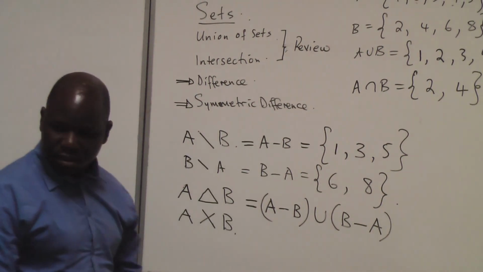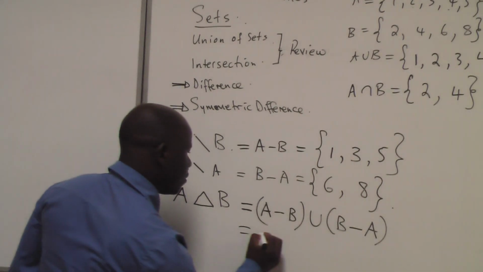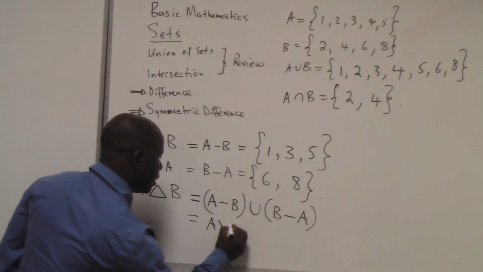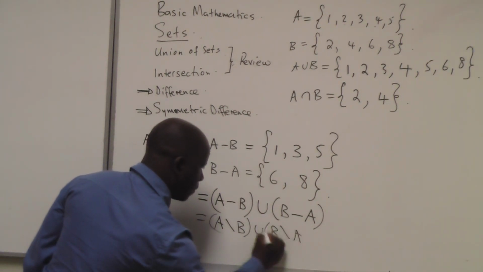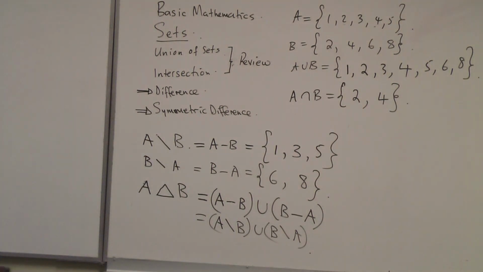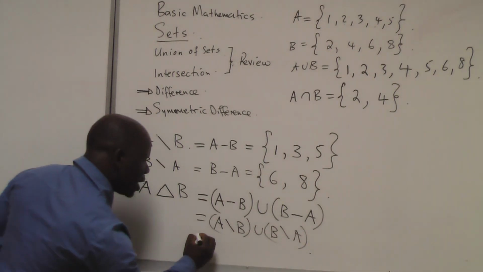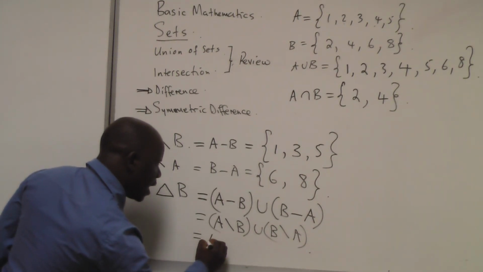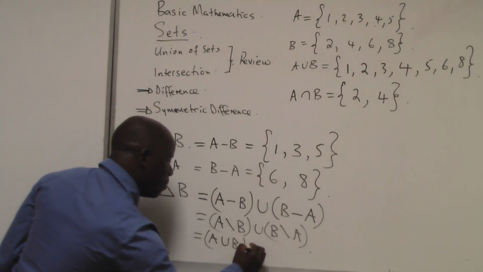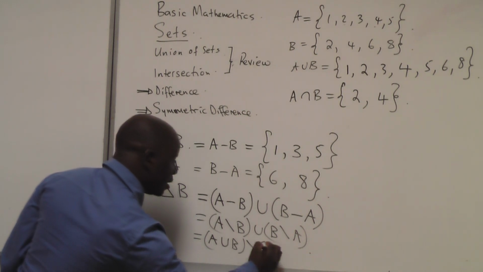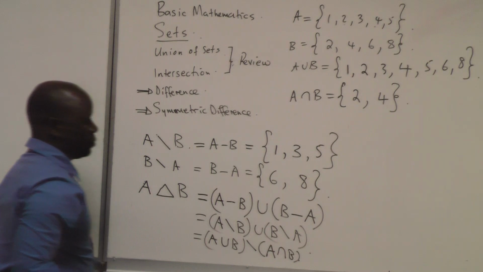We can write it like this. So we can still write this as A difference B union B difference A. So what it simply means is this can also be written as A union B difference the intersection between A and B.